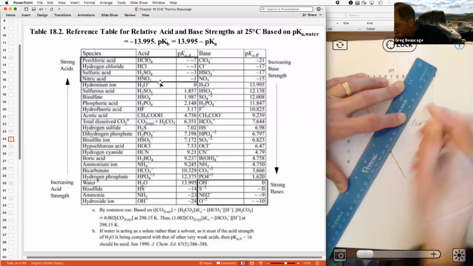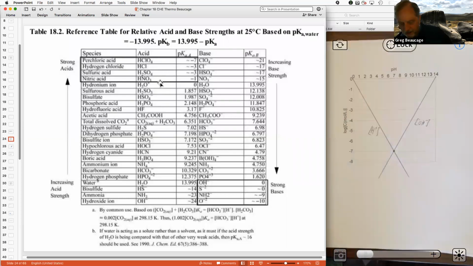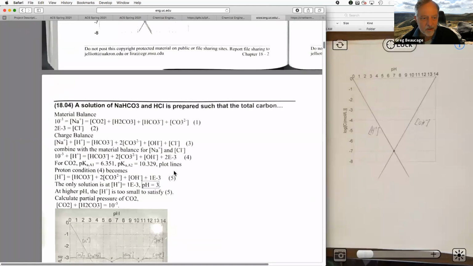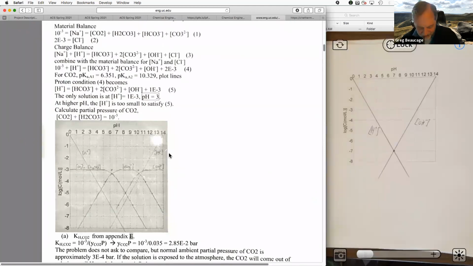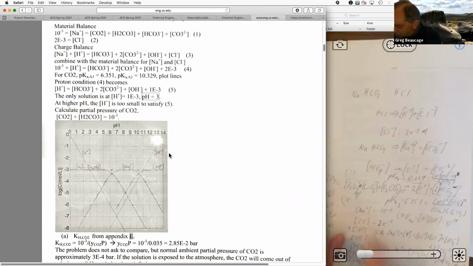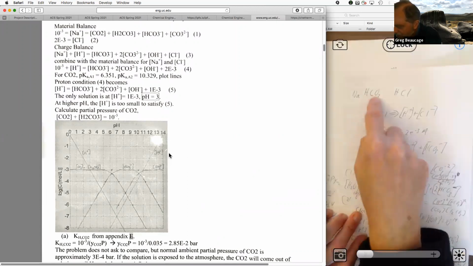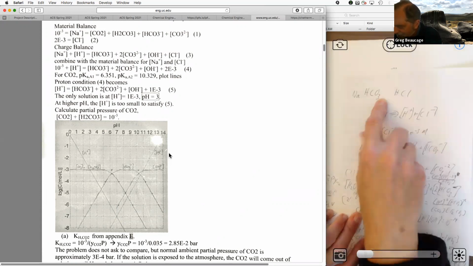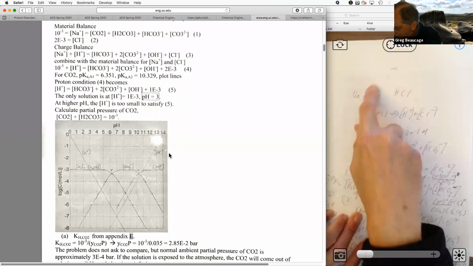And then we have our concentration of the... let me get his answer up, because that's going to make my solution right. So we have 10 to the minus 3 is Na. So that's what we put in this carbonate, right? We're kind of buffering it with HCl. So we're dumping in HCl. It's really like a carbonate balance we're looking at.